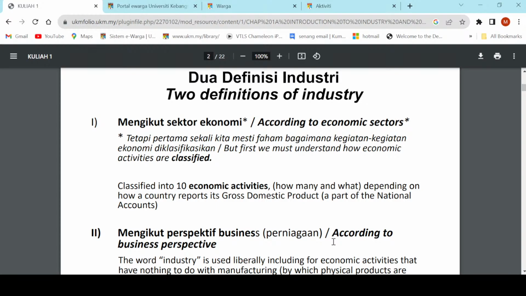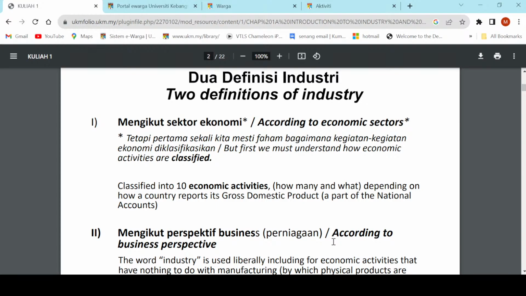So what are the economic activities that can be considered as industry, compared with what has been used in a newspaper, magazine, or in day-to-day use? The word industry has been used so loosely to refer to all economic activities, almost all.